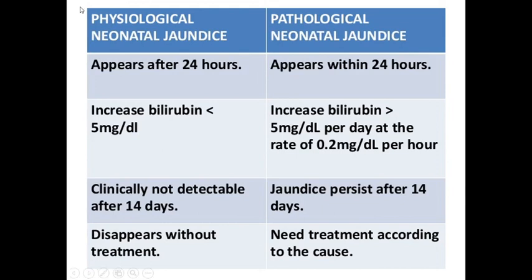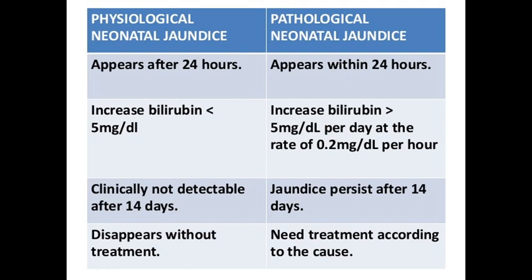Now physiological jaundice: I have told you, in a newborn baby the red cell count is high, and therefore in all newborn babies the liver is somewhat unable to handle this high load of biliverdin that is produced by breakdown of these red cells, and therefore all the newborn babies can develop some amount of jaundice after birth. This is called physiological neonatal jaundice.